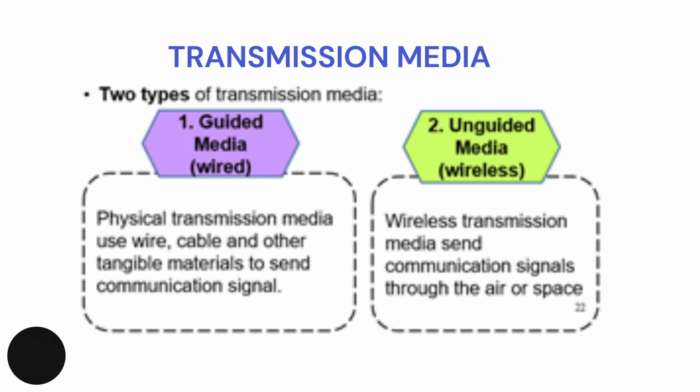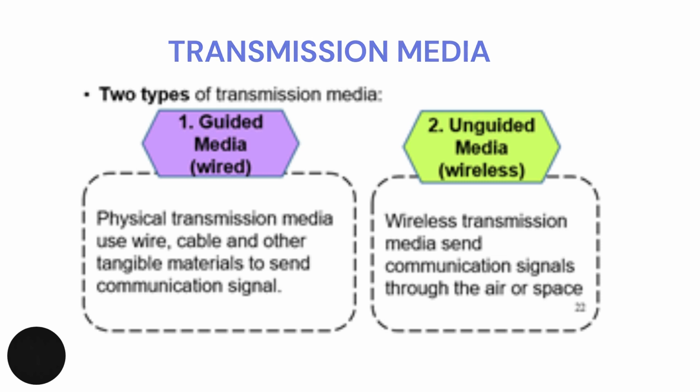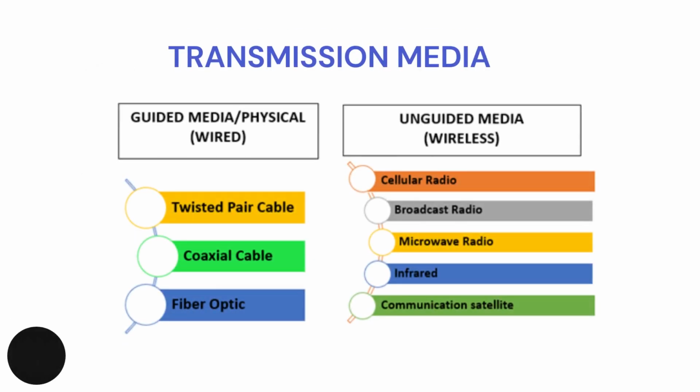Now let us have a look at the definition of wireless transmission media or unguided media. What is it? Of course, it is a wireless transmission media. And then what's the function? It sends communication signals through the air and or space. Now let us have a look at the examples of guided media or physical media.